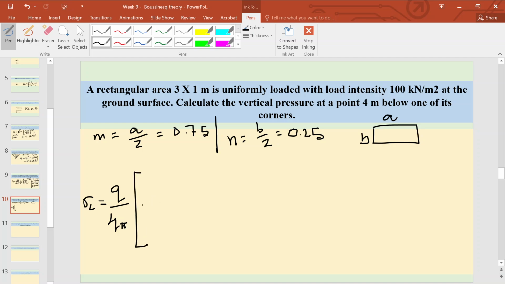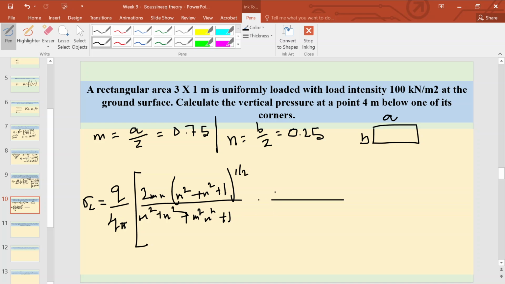Next it will be 2mn into m square plus n square plus 1 to the power half, divided by m square plus n square plus m square n square plus 1, into m square plus n square plus 2, divided by m square plus n square plus 1.